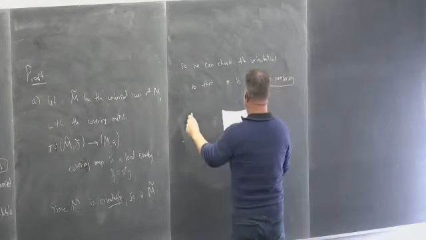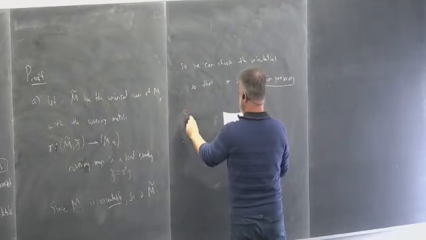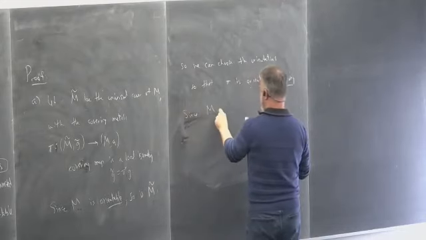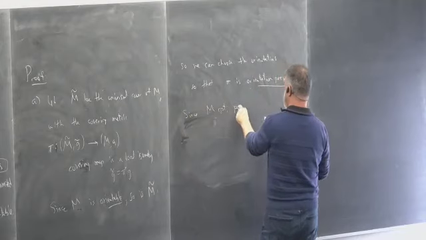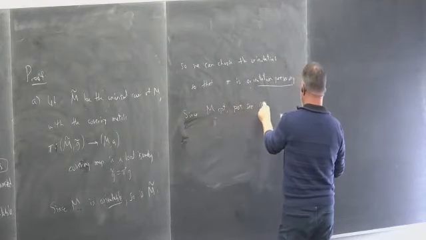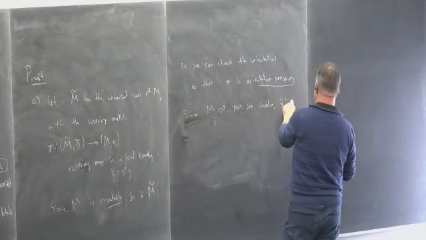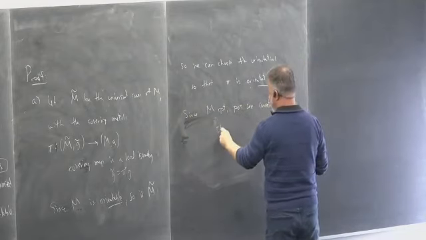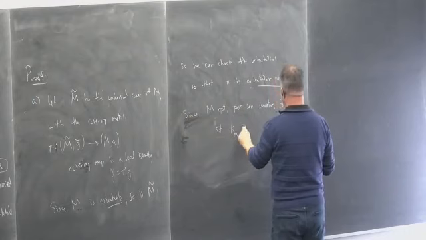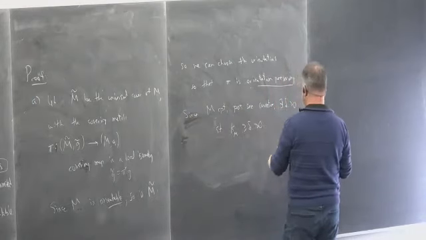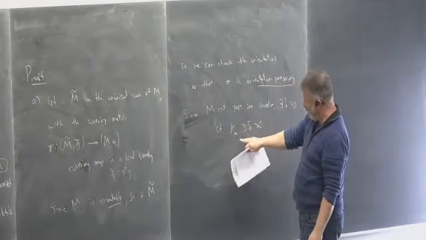Let's use the fact that M is compact. Since M is compact with positive sectional curvature, there exists some delta positive such that the sectional curvature of M is greater than or equal to delta, which is positive. So this is a shorthand notation, right?